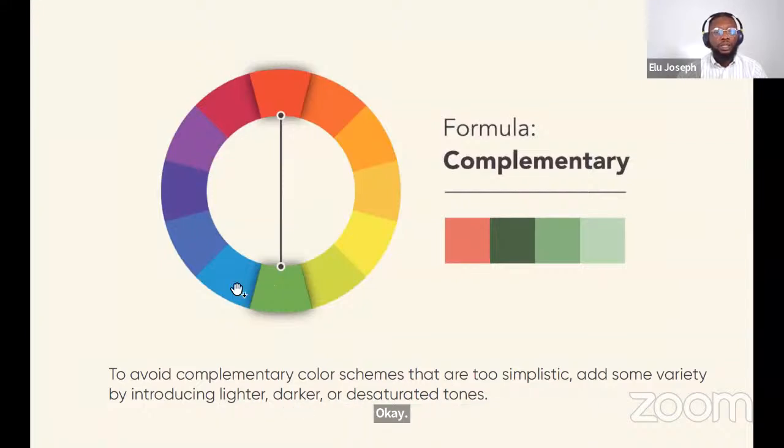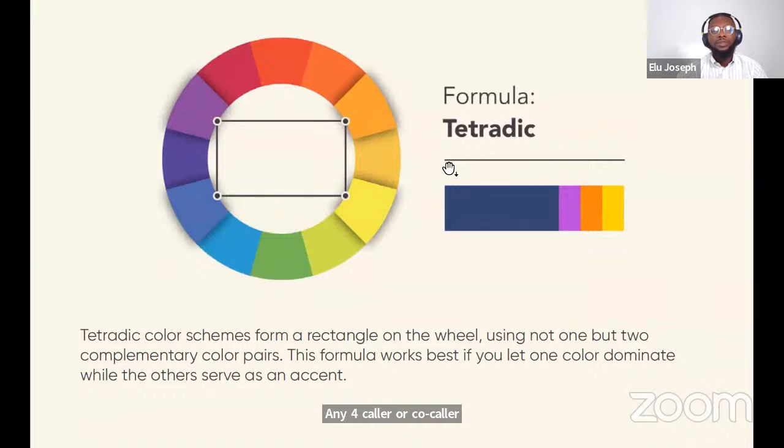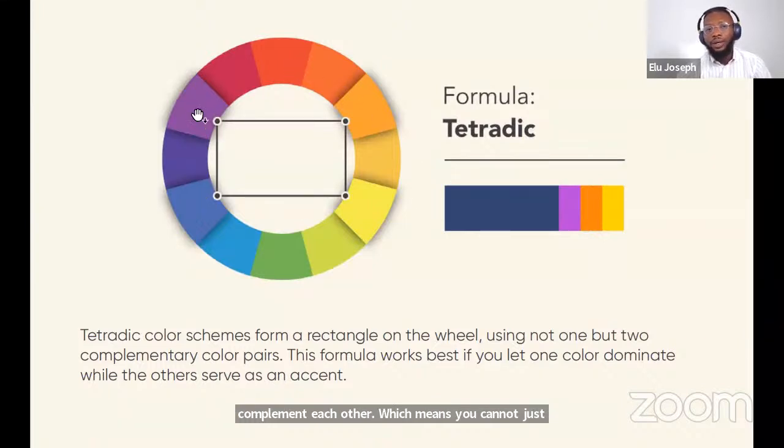David Tom says, when using tetradic colors, can it be any four colors or four colors bound in a rectangle? Yes, they have to be. The reason for the rectangle is to show that they complement each other, which means you cannot just carry the rectangle and put it anywhere else.